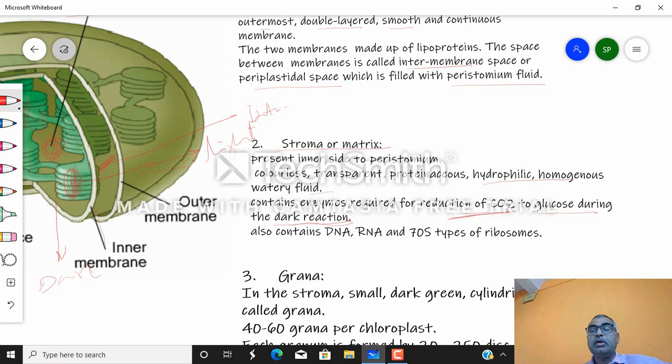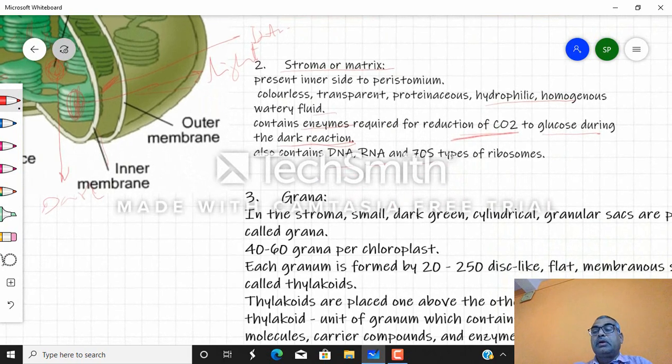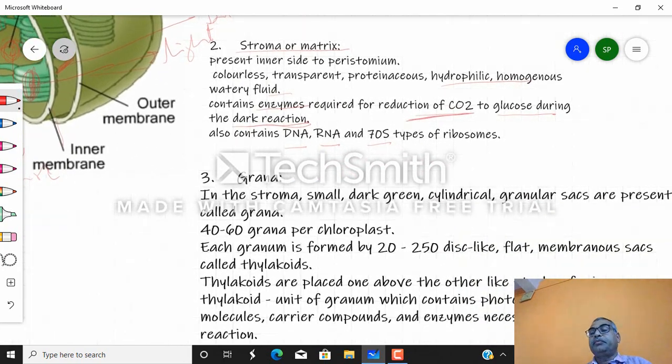Not only this, the stroma region also contains DNA, RNA, 70S type of ribosomes along with the enzymes of the dark reaction, and that's why the chloroplast is also considered a semi-autonomous organelle like the nucleus.